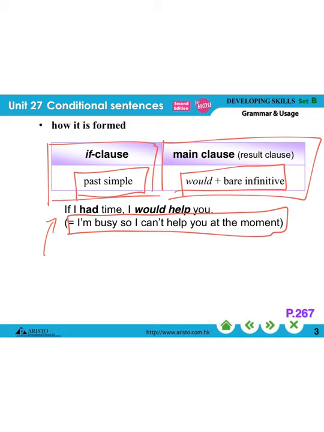Because the reality is that I'm very busy now, if I had time, simple past tense, I would help you. We use would plus a bare infinitive here because for this future, it's impossible. But I'm just saying, like, if I had time, I would help you.